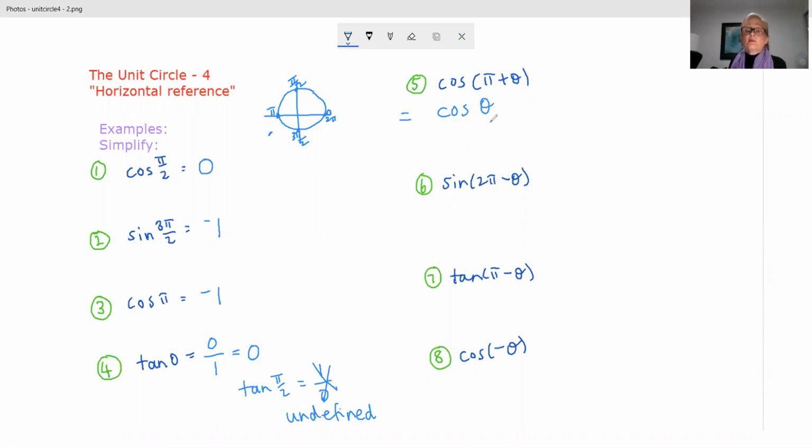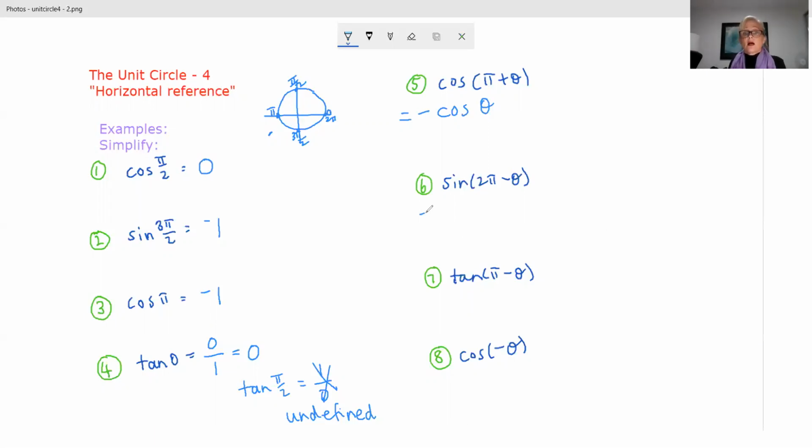It won't be in this case, but just to make sure that we go through the process. The first question is, is this a horizontal reference? Yes, it is, so we're going to keep the same trig ratio. Then we need to say to ourselves, what quadrant am I in? We are in quadrant number 3. Is the x value positive or negative there? Well, it's negative. And we're done.